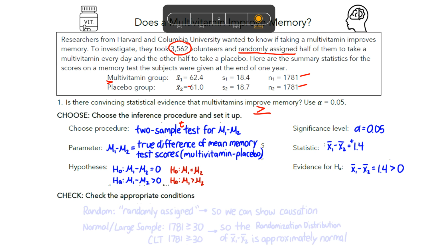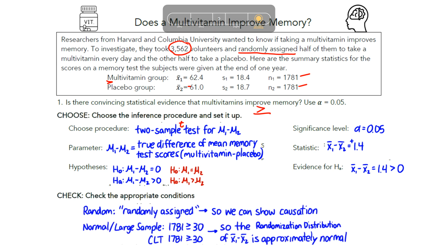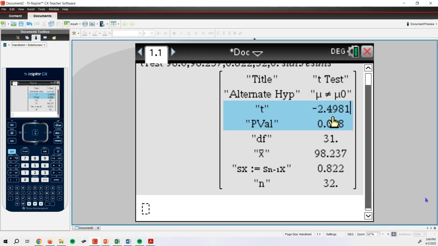Our conditions we just talked about, random is fine. We can show causation. The central limit theorem applies to both of them, so we've got a normal distribution. Okay, right now we can put everything into the calculator. We don't even need to start writing anything down yet.